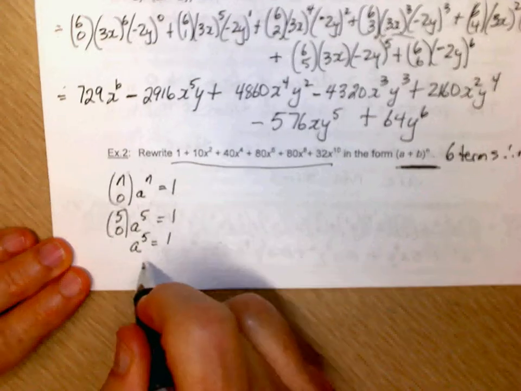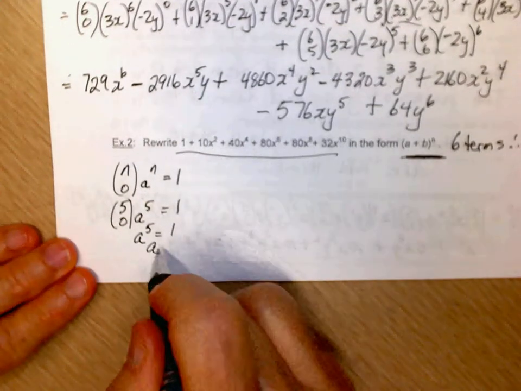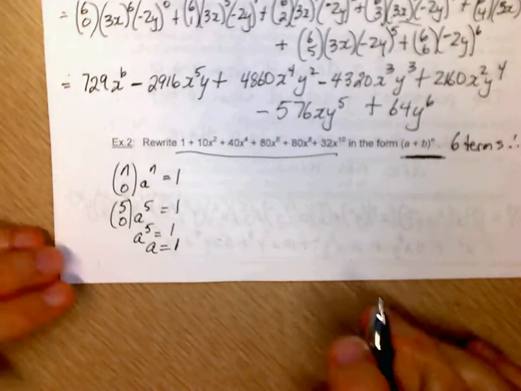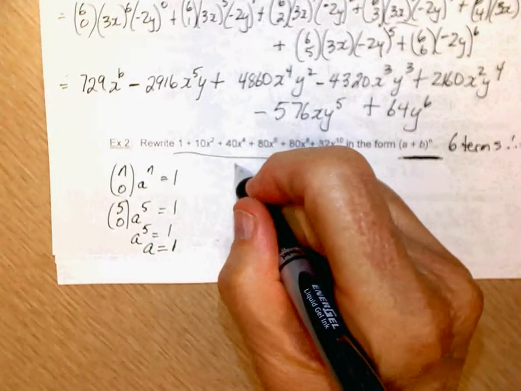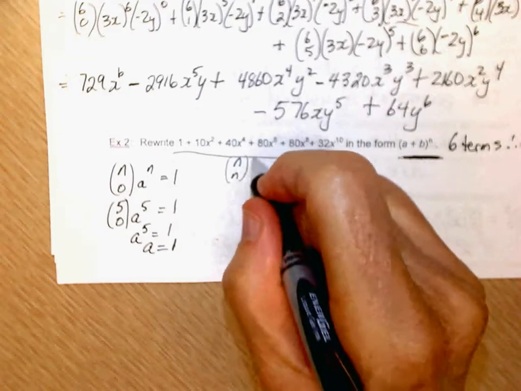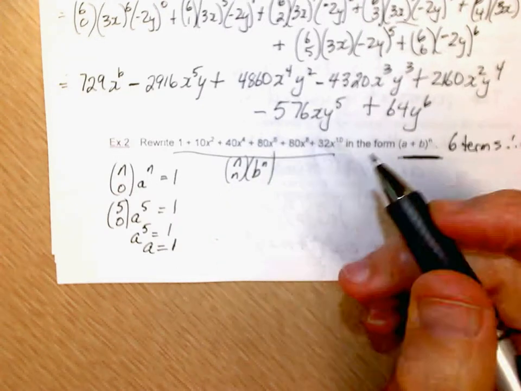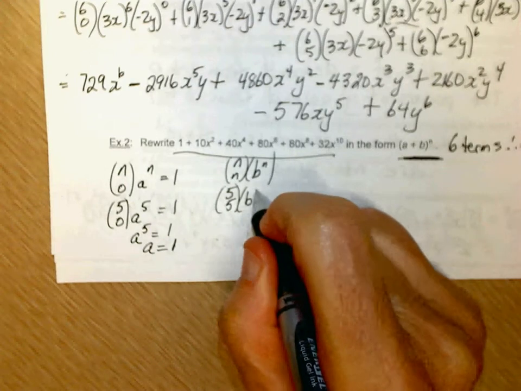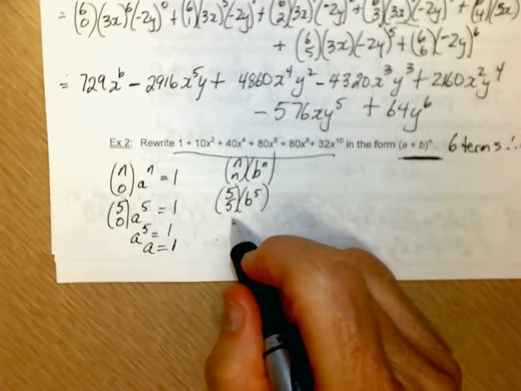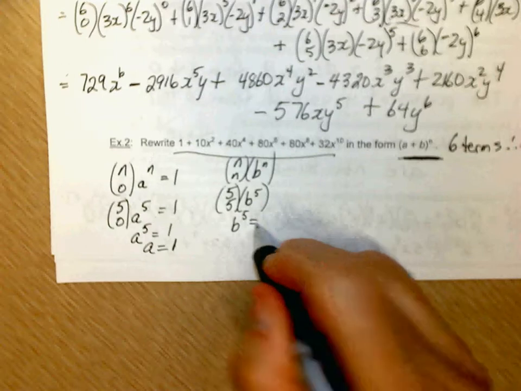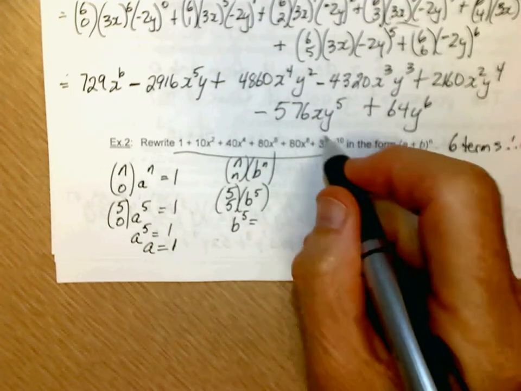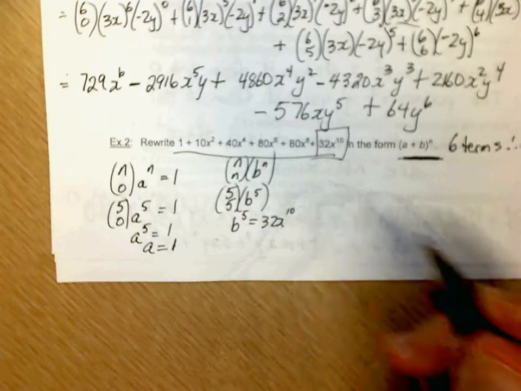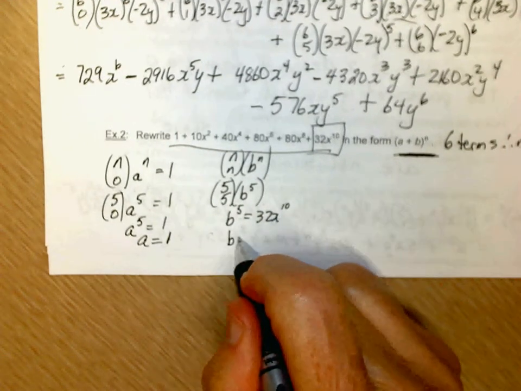So what does a equal? a equals 1. Now we're going to use the last expression, n choose n, b to the n. Well, we know 5, there's 5 choose 5, b to the 5, right? So b to the 5 equals the last term, 32x to the 10. How are we going to solve for b? b equals 2x squared.